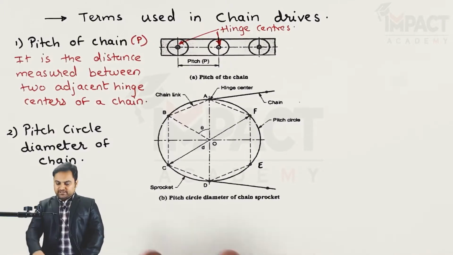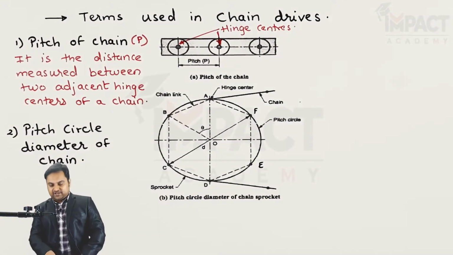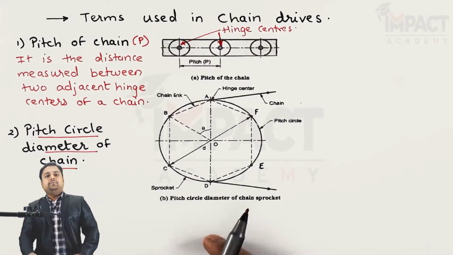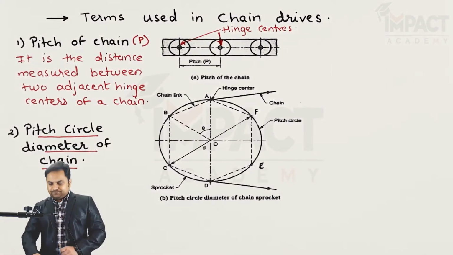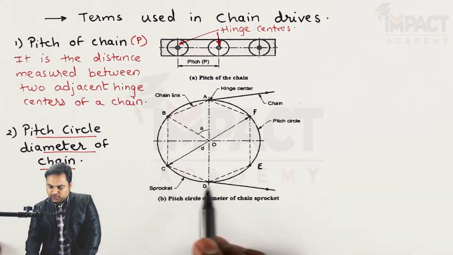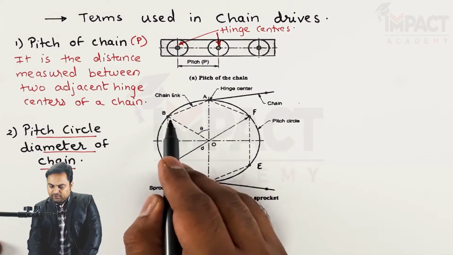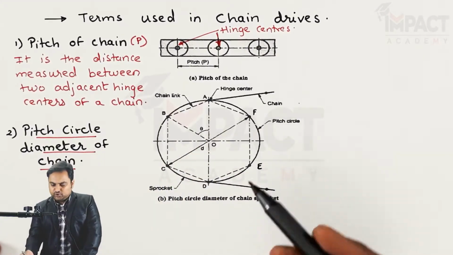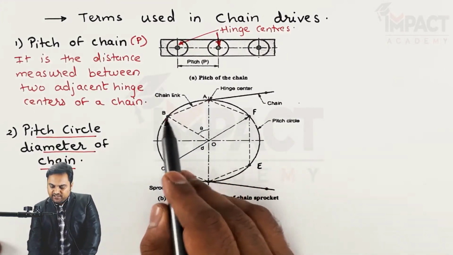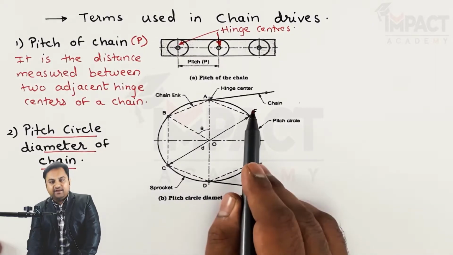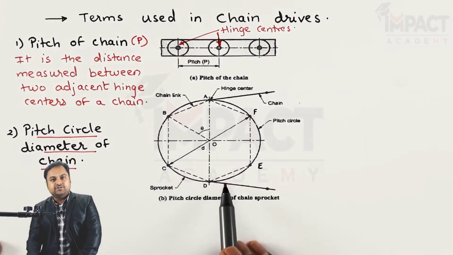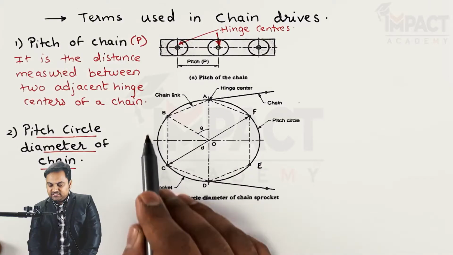Then the second definition is the pitch circle diameter of the chain. Now the chain would be wrapped around the sprocket, and when it passes over the sprocket, there are number of hinge centers. Like for example, as shown in the figure here, we have A, B, C, D, E and F. These are the hinge centers over which the chain is mounted.